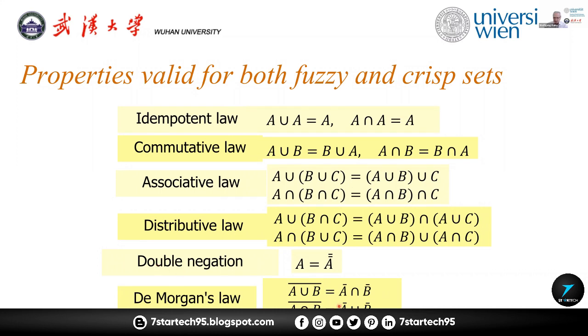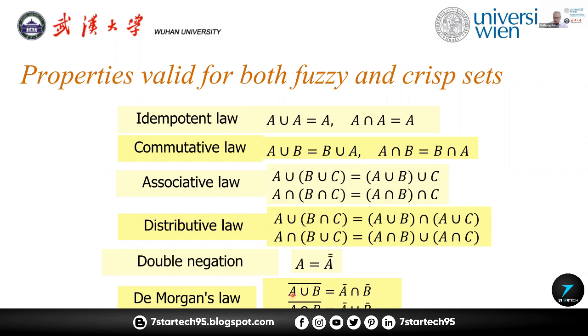And finally, De Morgan's laws are also valid for both fuzzy sets and crisp sets, meaning the complement of the union of two sets is the same as the intersection of the individual complements.